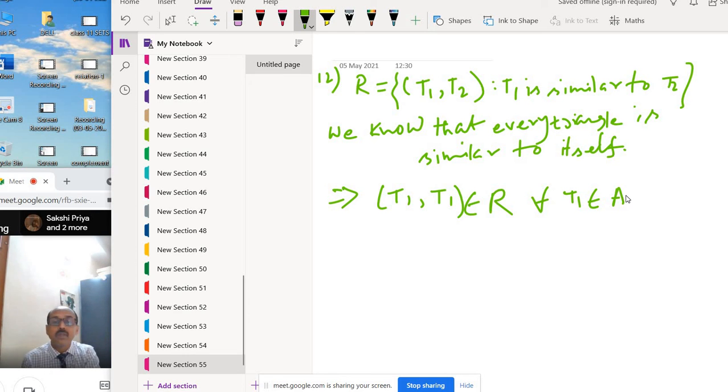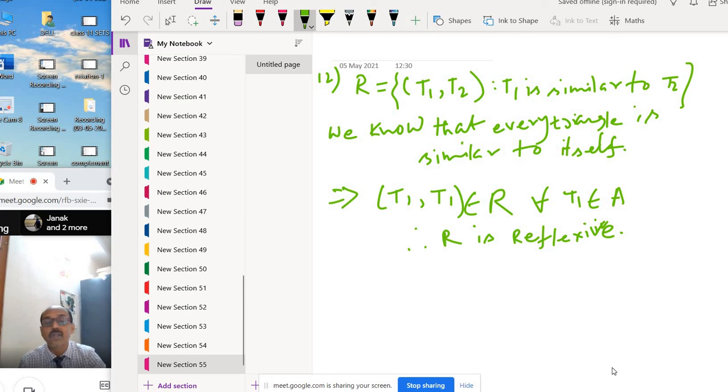So we know from the definition of reflexive, (T1, T1) belongs to R. So this is reflexive. So R is reflexive.